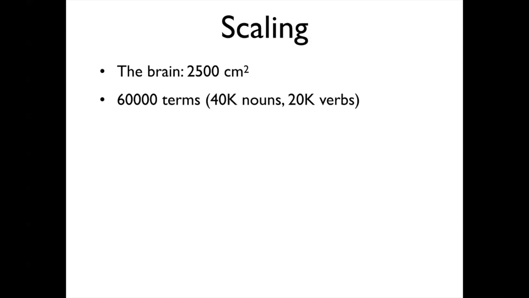Suppose that we have a vocabulary in which we have 60,000 terms. As I mentioned, this is the size of the average adult human vocabulary for English. So that's, let's say, 40,000 nouns and 20,000 verbs. That is a number I'm just making up, but there's going to be some number of nouns and some number of verbs. Suppose that any 2 nouns can enter into a relation around a verb.